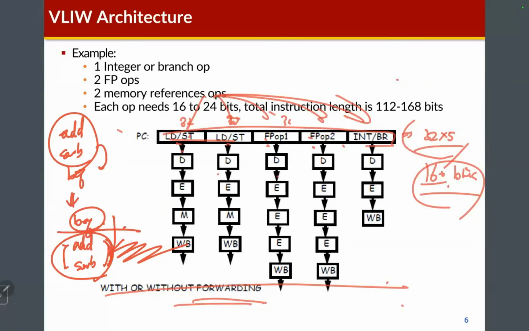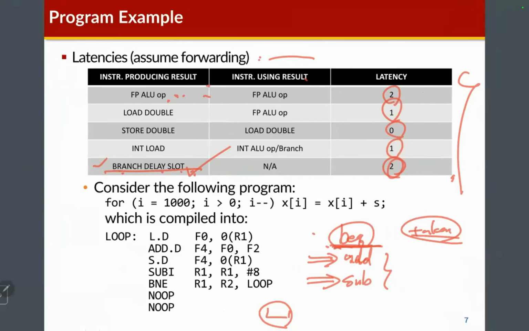It's good. But that's the problem. Actually, we do not write code like this. If there is a branch instruction, we are going to find the independent instructions before this branch instruction.